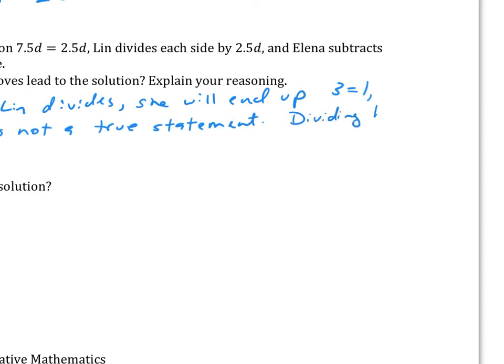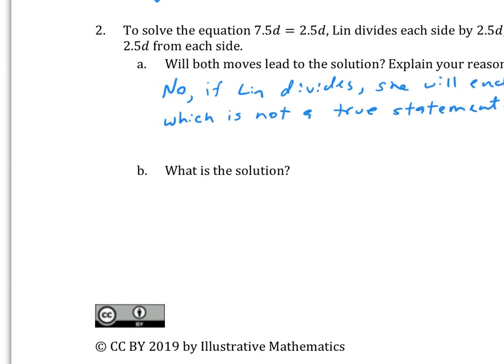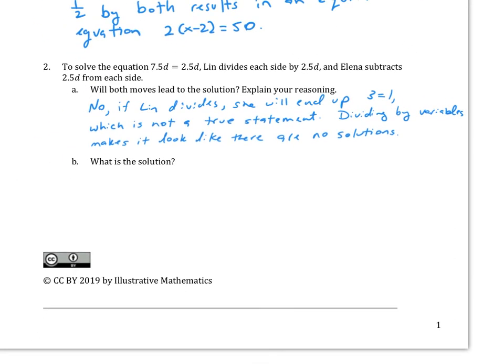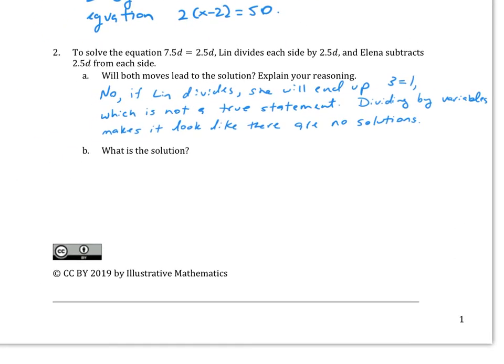Dividing by variables makes it look like there are no solutions, which remember is not always the case. So sometimes it does end up being no solutions, but in this case there is a solution. So just remember, dividing by variables is not an acceptable move.